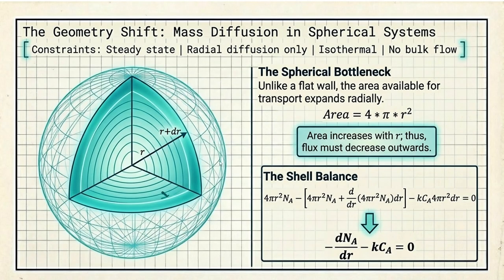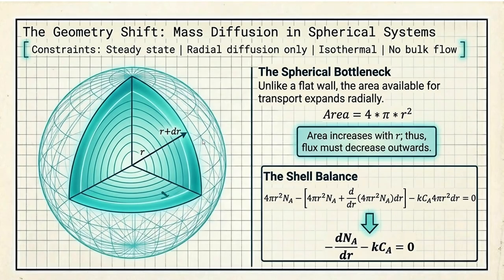Now another shell balance derivation, and this one is for mass diffusion or mass transfer. As you can see, this includes a spherical coordinate system. So mass diffusion in spherical systems, constraints or assumptions: of course steady state.